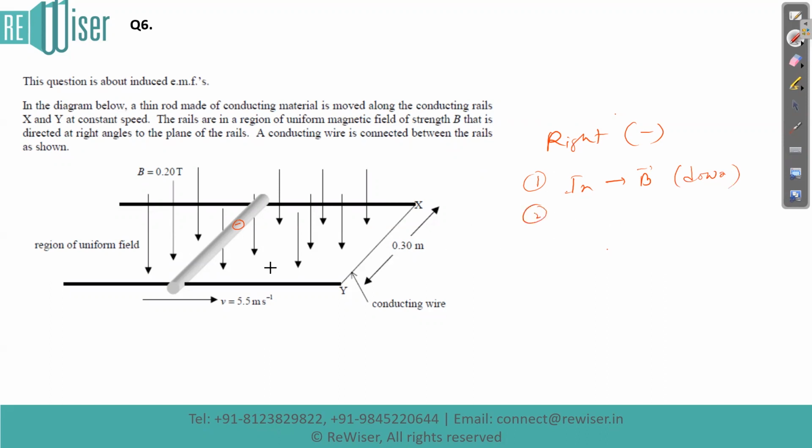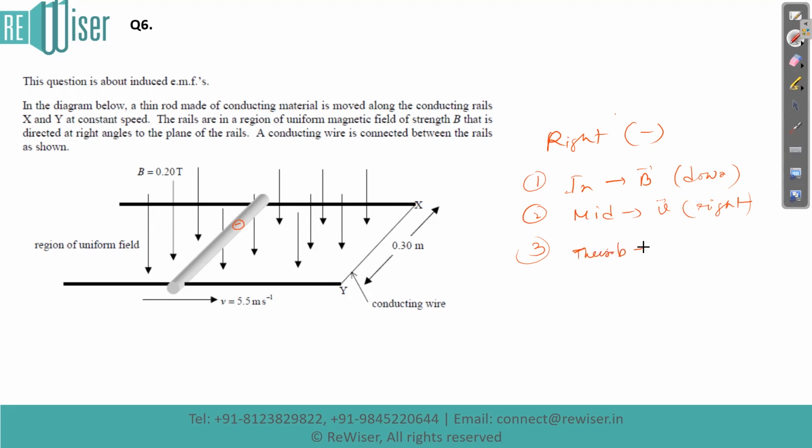Second, the motion is shown by the middle finger. The middle finger, it is moving towards the right, right? So the middle finger shows the direction of velocity, which is towards the right. And then you extend your thumb. So the thumb will be pointing towards yourself.